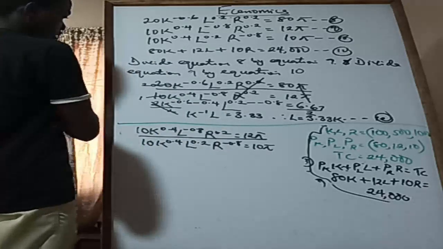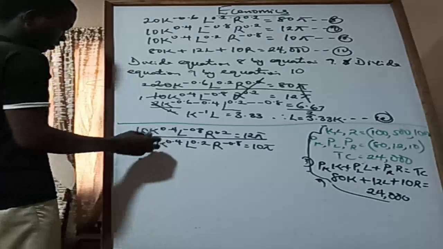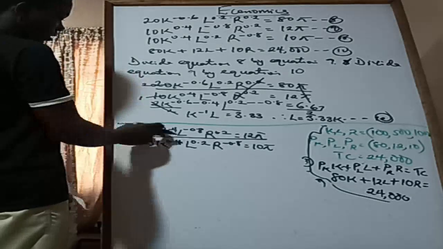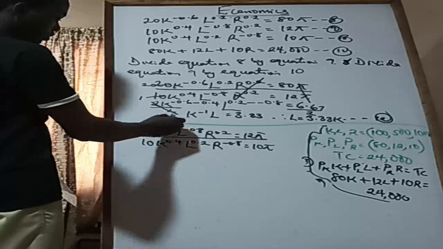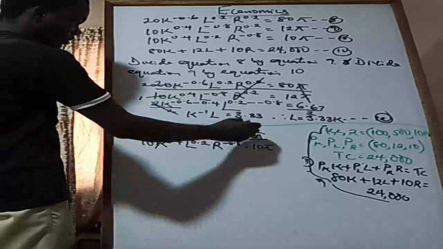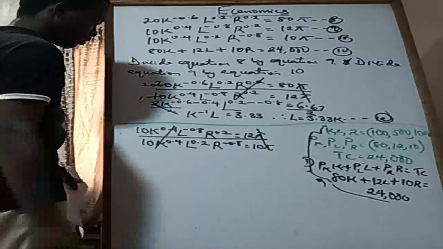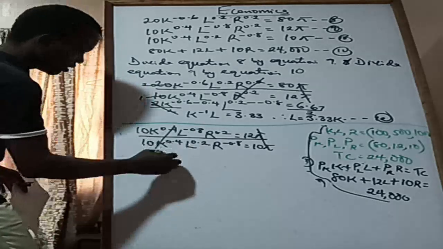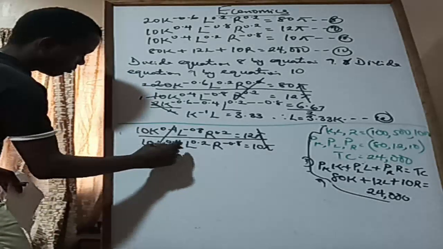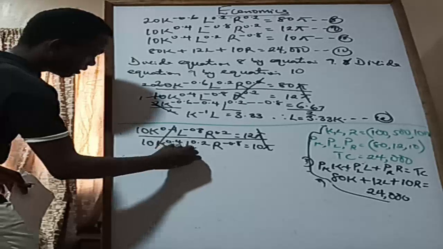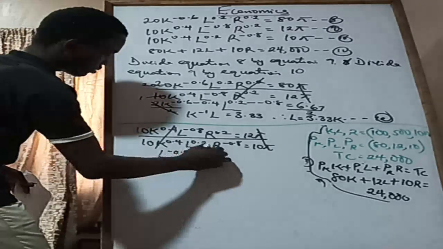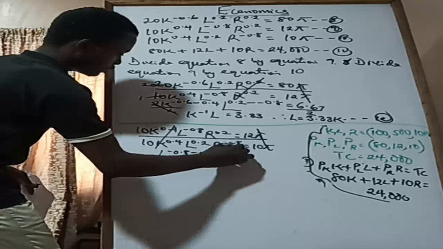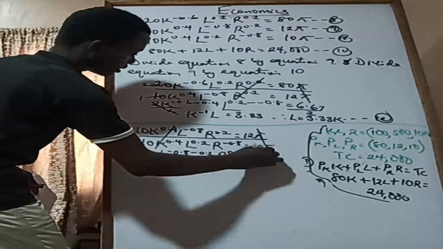Okay. So from here, this is 10k^0.4, 10k^0.4. All of this can just take themselves and get out of this place. Lambda goes away. So I'm left with L and R. So this is going to be L^(-0.8-0.2) and R^(0.2+0.8).